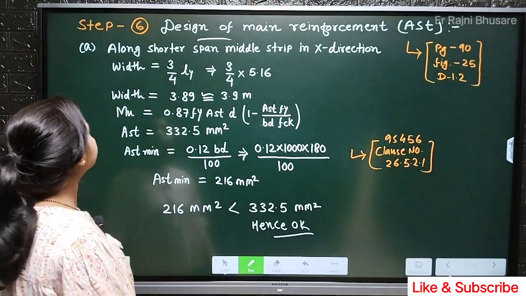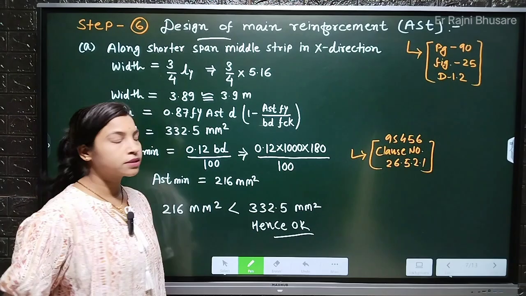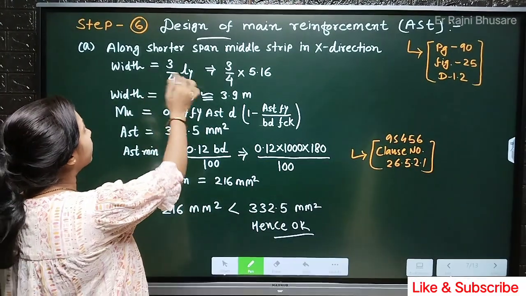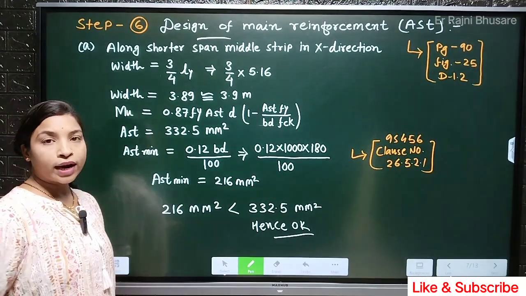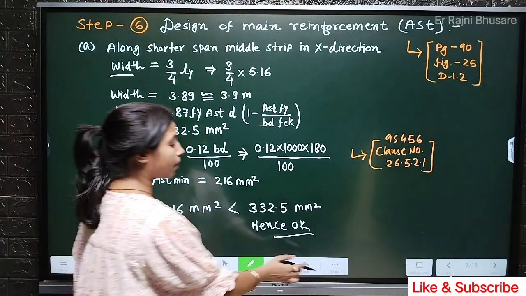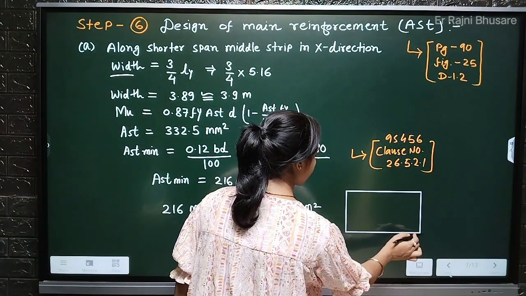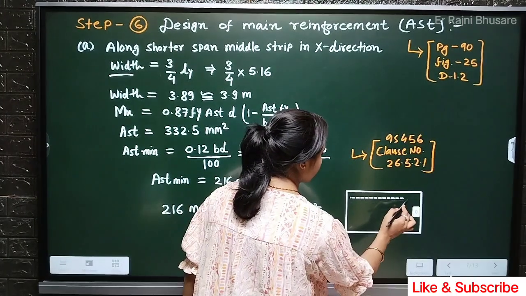So now determine the design of main reinforcement area of steel. Here first is along the shorter span, middle strip in X direction. So we will calculate their width. Let me draw the diagram, and you can understand by this diagram how to calculate width.